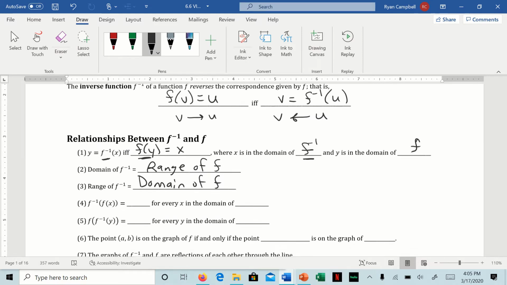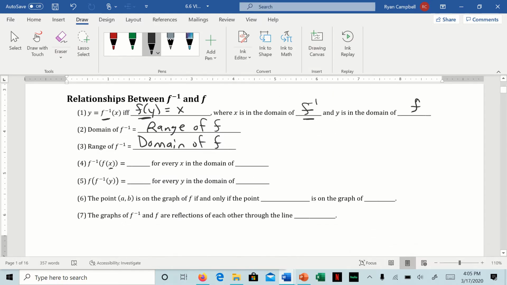All right. So if we plug x into f and then plug it back into its inverse, we should end up right back where we started, right? If you are plugging x into f and it goes to y, when you plug it back into the inverse, it should end up back at the same place.